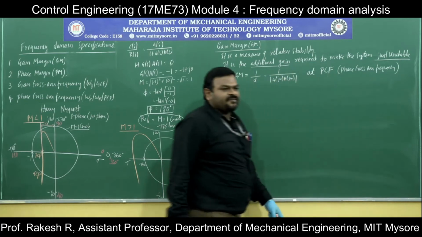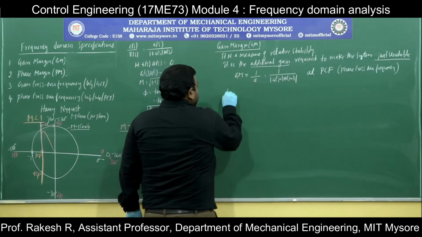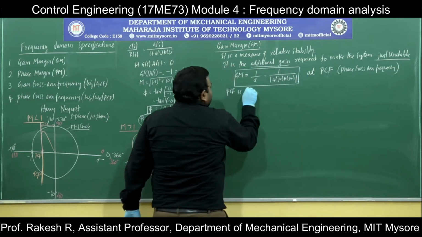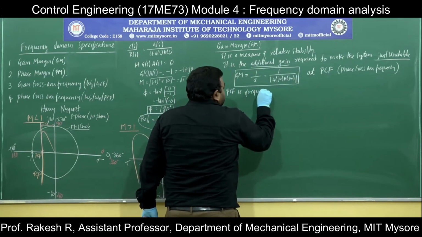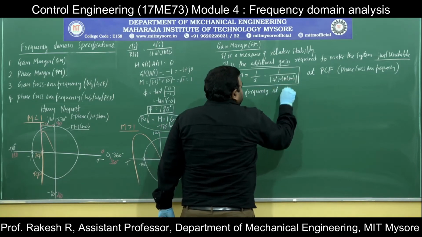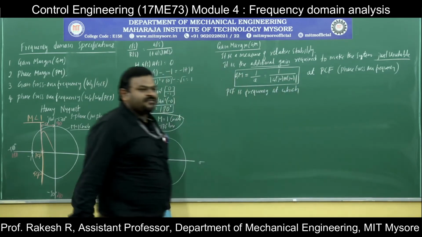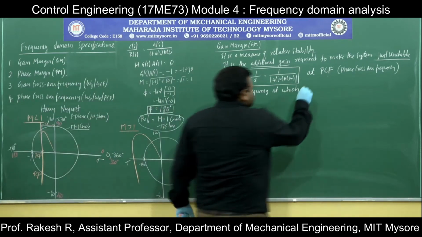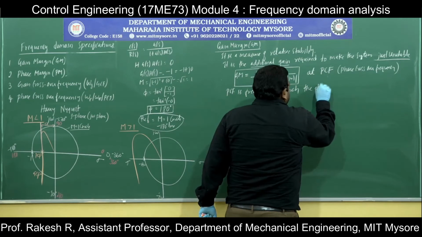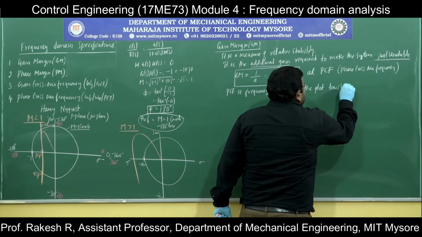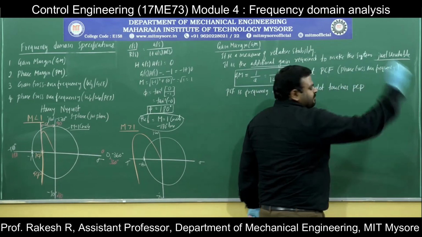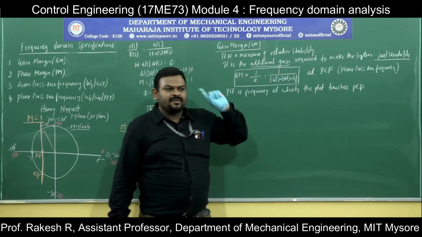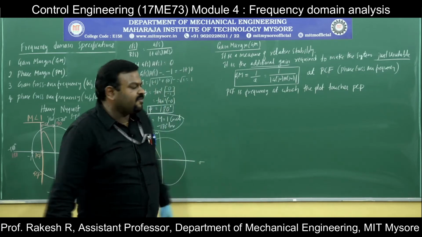What is phase crossover frequency? Phase crossover frequency, PCF, is the frequency at which the plot touches the phase crossover point. Or in other words, the frequency corresponding to the phase crossover point is called the phase crossover frequency.